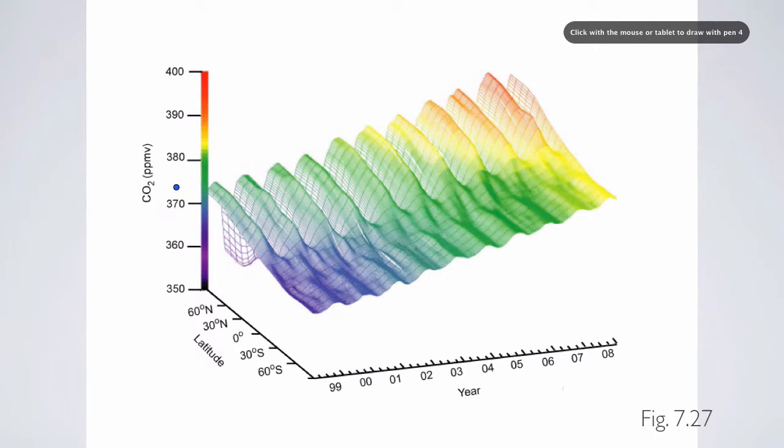The pattern to pick up here, so Mauna Loa, I don't remember its exact latitude, but might be somewhere right around here. And that has a seasonal cycle associated with it, just like we saw in the previous figure. As you get closer to the equator, that cycle flattens out, and there's actually not much interannual variation in CO2 concentrations at the equator.